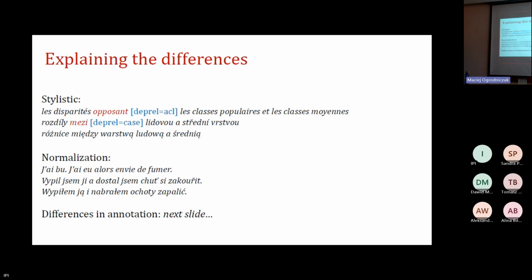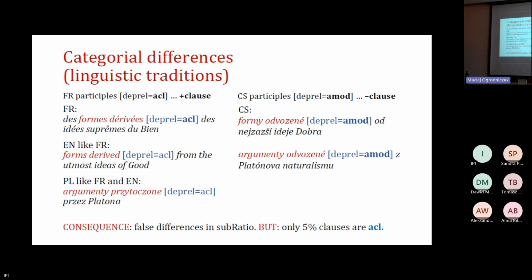So in French, you might say something like this, where you have a sentence split, depuis le, full stop, depuis le, full stop. But in Czech and maybe also in Polish, you might conjoin these, and that would of course make a difference. But you also have differences in the annotation, not only in the tokenization, as I told you, but also again French and Czech.